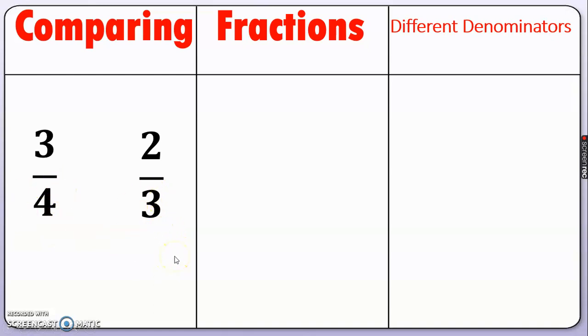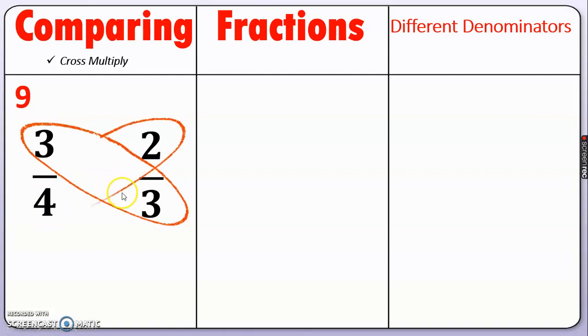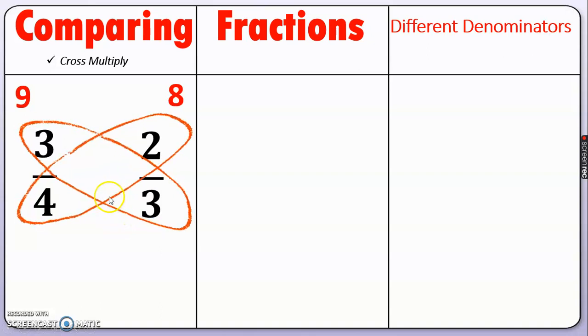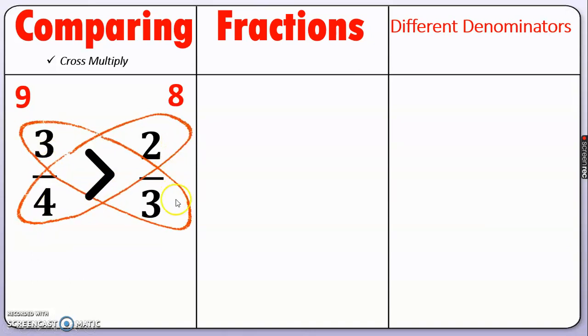So all you have to do, we can use cross multiply or cross multiplication. 3 times 3 is equal to 9. 4 times 2 is equal to 8. Therefore, you can now determine which is greater than or less than. Okay, very good. Therefore, 3 over 4 is greater than 2 over 3.